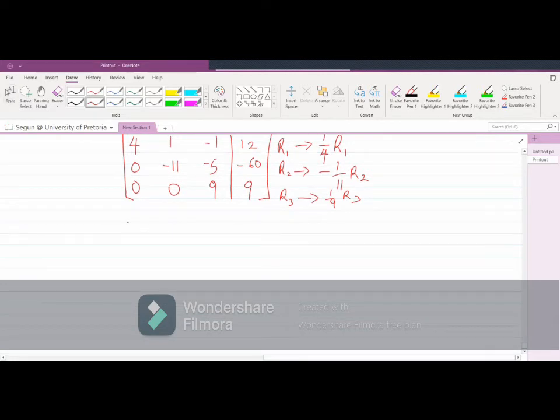So it will be 1, 1 over 4, minus 1 over 4. Do you agree?